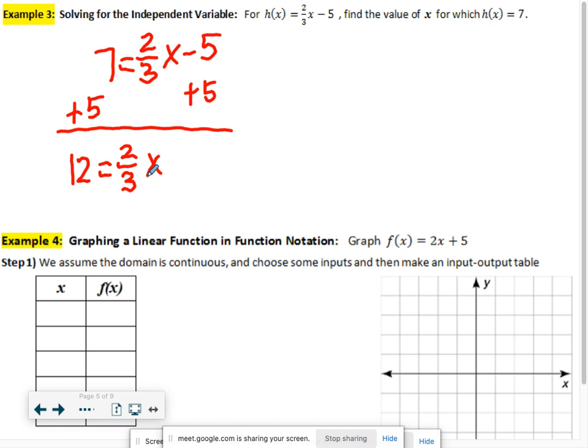To avoid decimals, how do you undo divide by 3? Multiply, right? So if I multiply this side by 3 and this side by 3, we'll get 36 equals, and then our 3's cancel over here, so 2x.